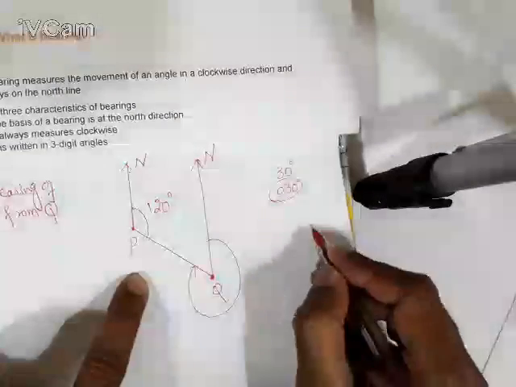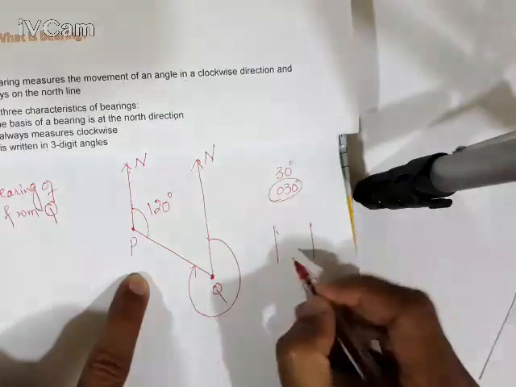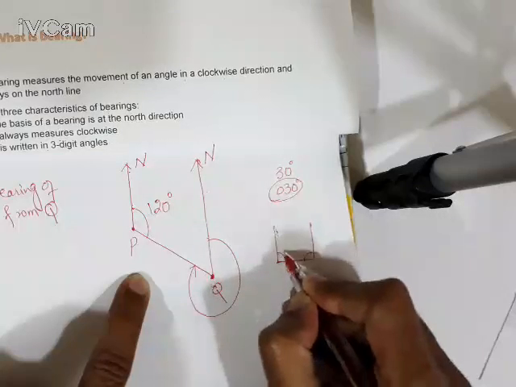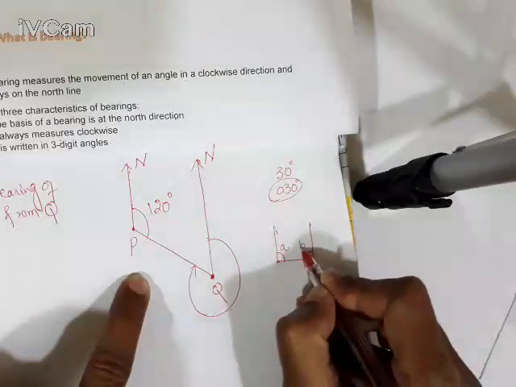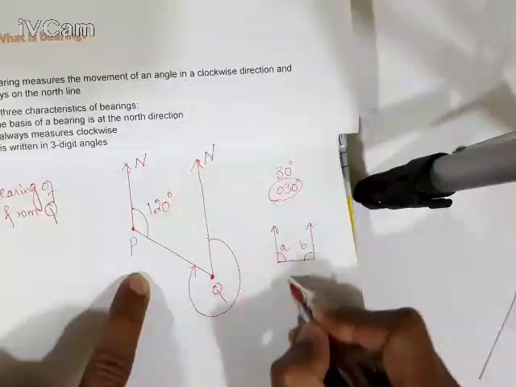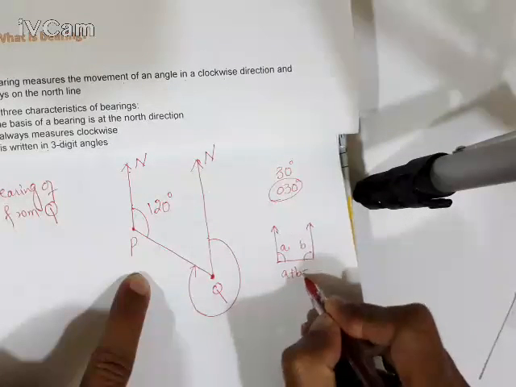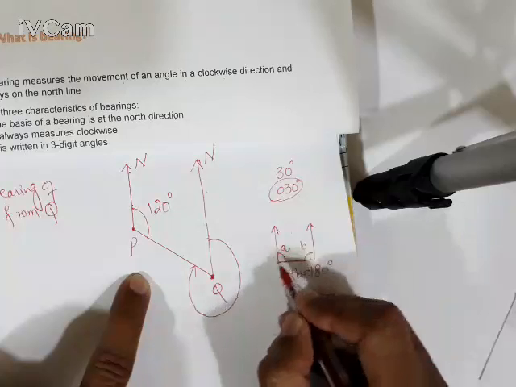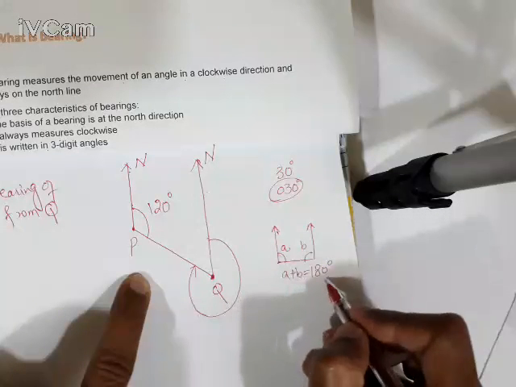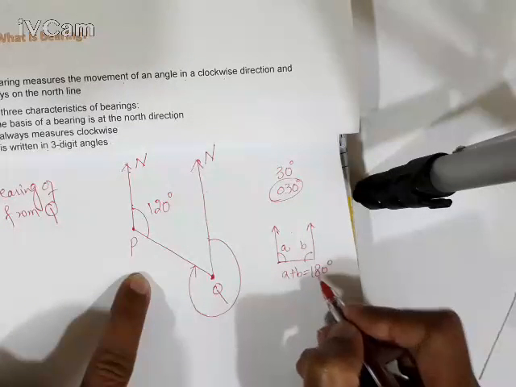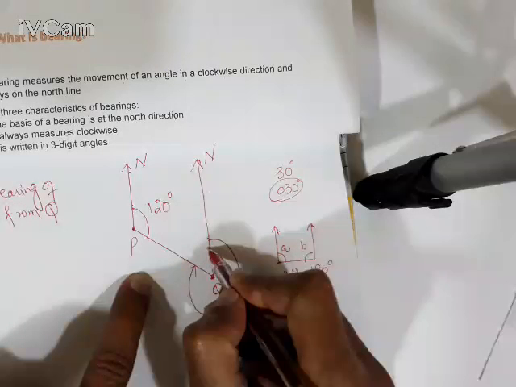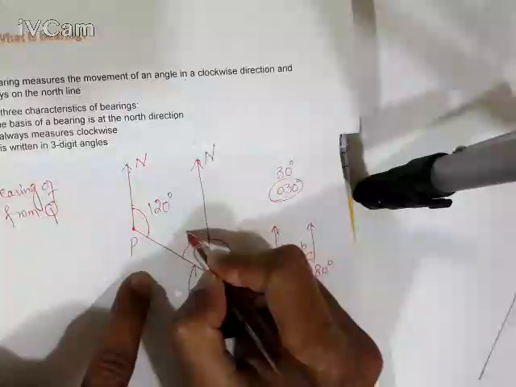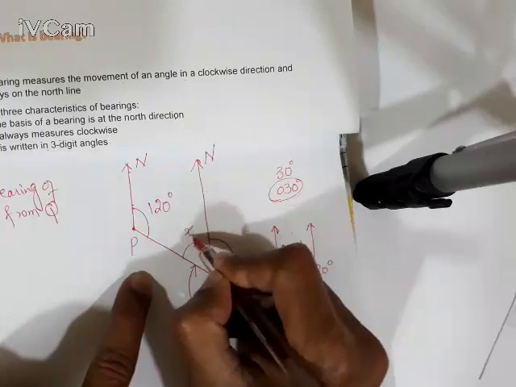Let us suppose these two lines are parallel, and their interior angles are small a and small b, so their sum is equal to 180 degrees. For this reason, first of all you have to calculate this inner angle. Let us say this inner angle is x.